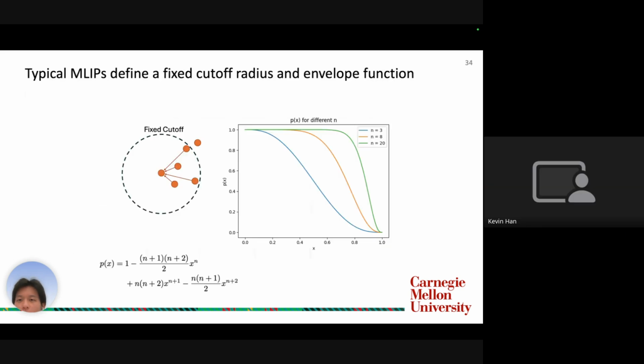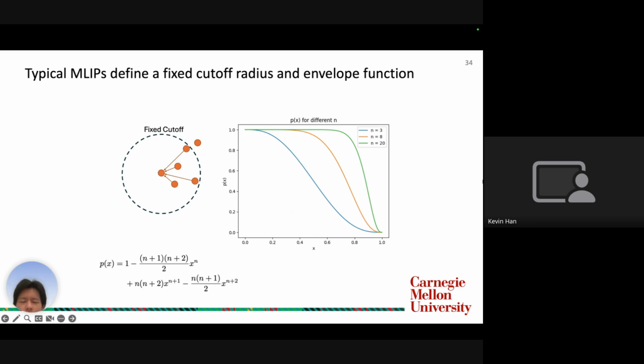Alrighty, moving on. Some preliminary background, and probably this is a recap for many: the standard GNN-based MLIPs, or even attention-based MLIPs, define a fixed cutoff radius and combine it with an envelope function, where they effectively weight the messages sent from neighbors to the center node by the distance these neighbors are from the center node.